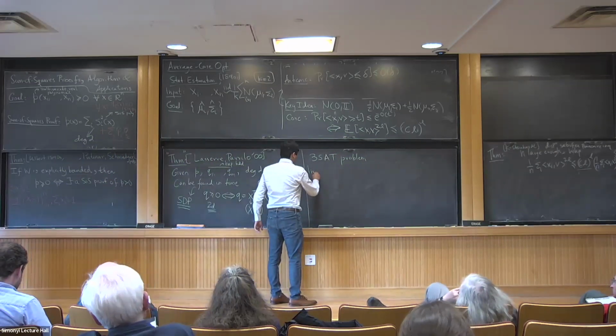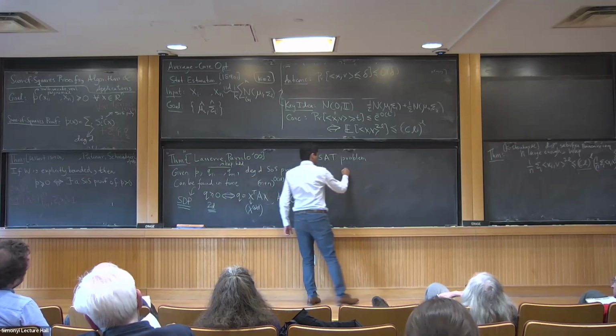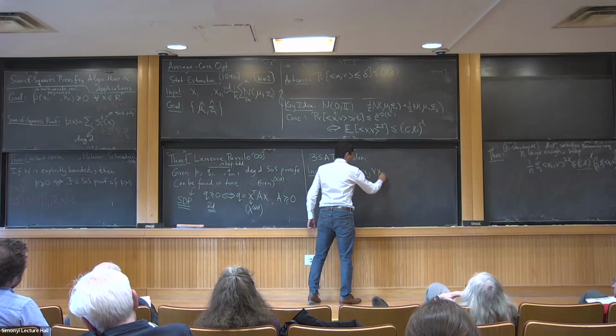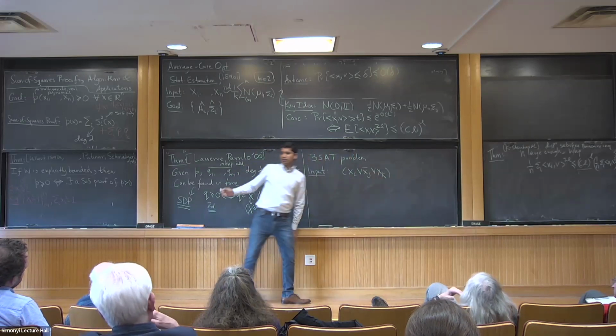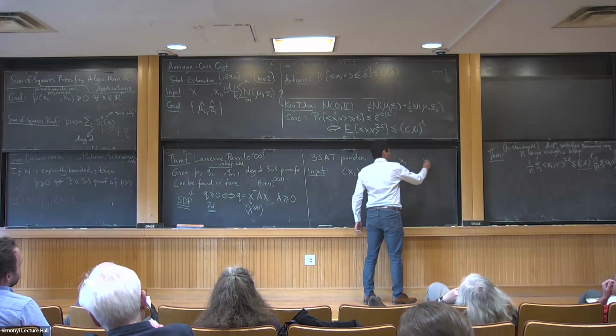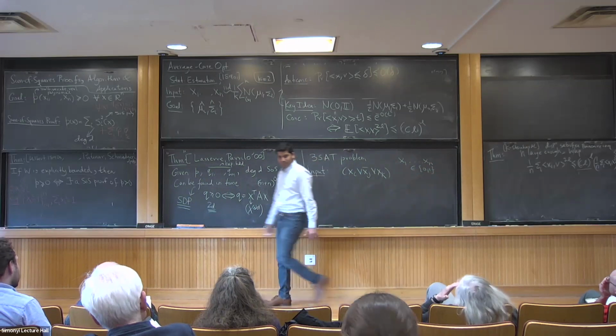So the input to this problem is a logical formula, okay? It looks like an OR of 3 variables or their negations. So imagine that I have n truth variables. They are supposed to take values in 0 or 1, false or true, right?